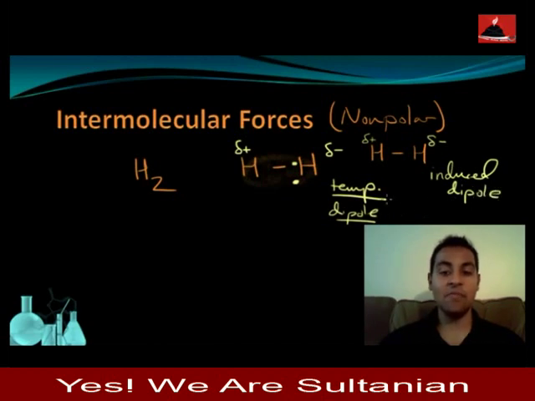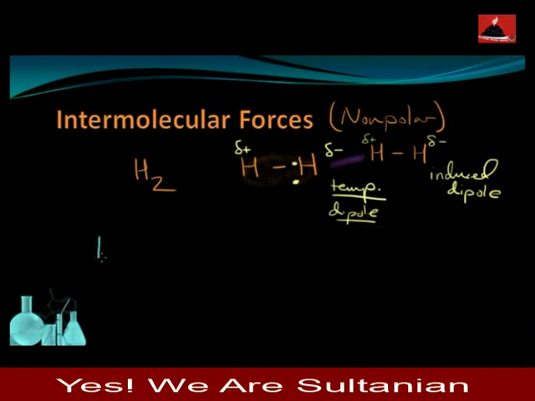Again, another temporary dipole created, so you can imagine this happening to multiple molecules that were nearby. As soon as one molecule gains a temporary dipole, it's able to induce a dipole in surrounding molecules. And just for that moment in time where they have this temporary or induced dipole, they will have a force of attraction between them. This type of intermolecular attraction or intermolecular force that occurs between nonpolar molecules is called London dispersion force.